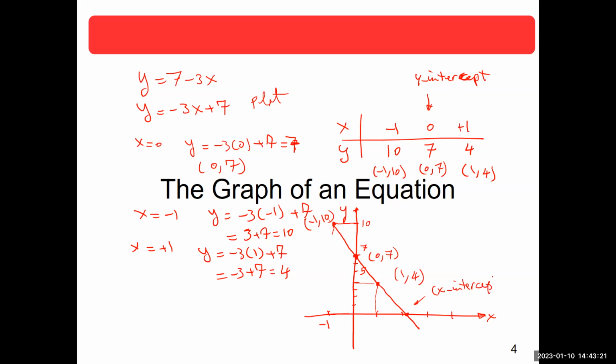What is the coordinate? To find it, I'm going to set Y. What is the Y value here? 0. It has no Y. So I'm going to say Y equals 0, then that's equal to -3x plus 7.